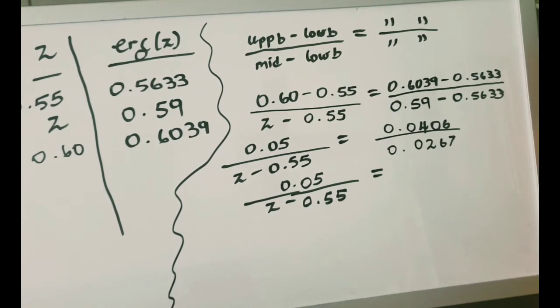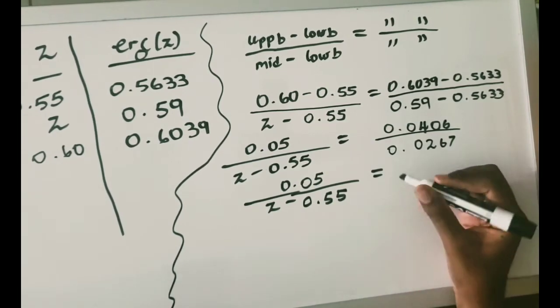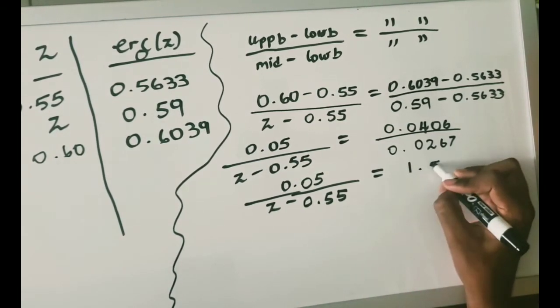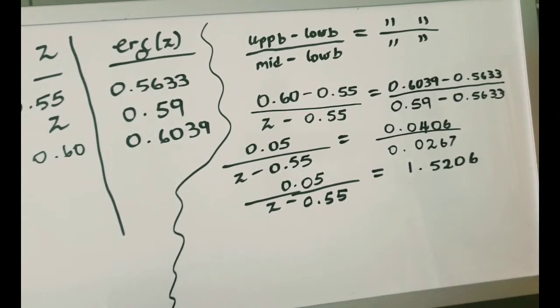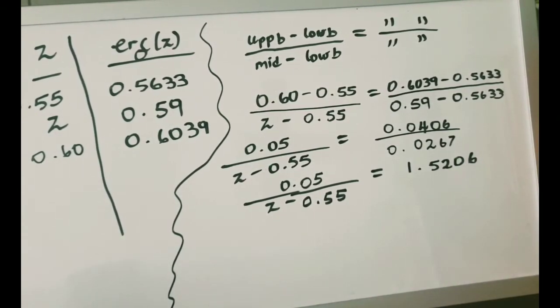So that is 0.0406 divided by 0.0267. Works out to be 1.5206. And then, as you know, we go for cross multiply.